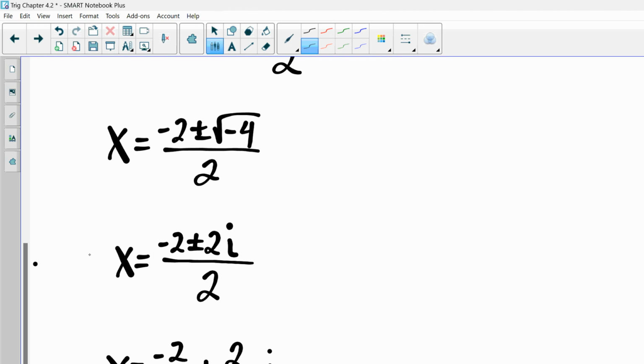Well, our negative 2 over 2 is negative 1. 2 over 2 is 1 i. Or we just say that the solution is x is equal to negative 1 plus or minus i is our solution. And that's it there. Questions on this here?